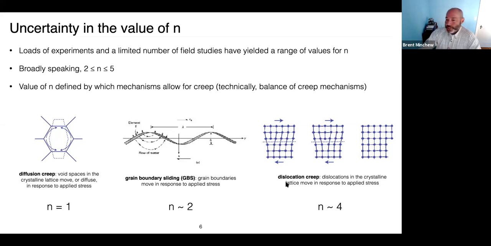And finally, there's dislocation creep. So dislocation creep is just these sort of failed connections within the crystalline lattice structure itself. These individual water molecules are interacting with one another, and there will be this missed connection between these two pieces. As stress is applied, connections will be broken and other connections will move over and so forth.